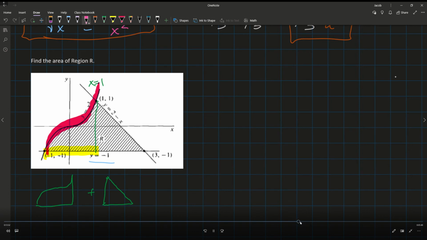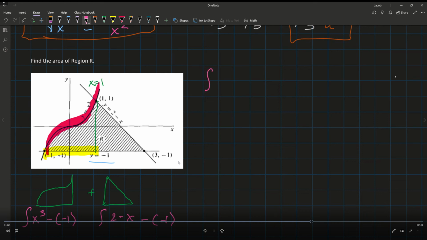So we'll actually take the x cubed function, the cubic, and we'll subtract -1, because that's this bottom function. And then to follow along with the same idea, we are taking the 2 minus x function and subtracting -1 from it, and integrating those two things.